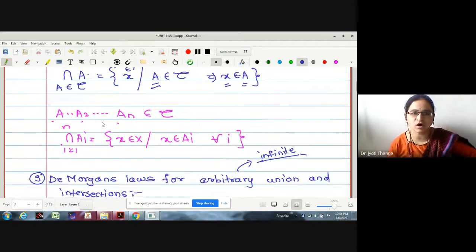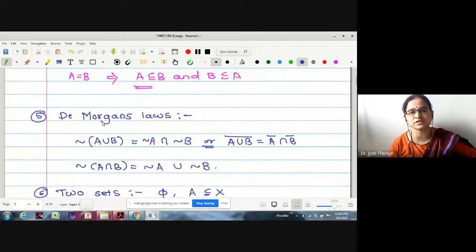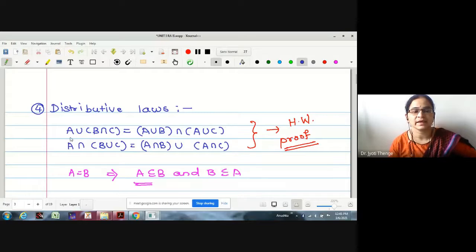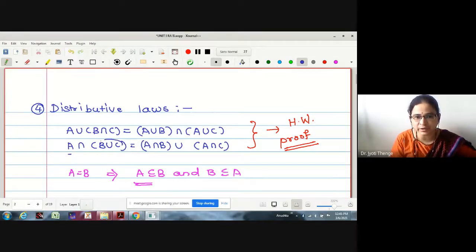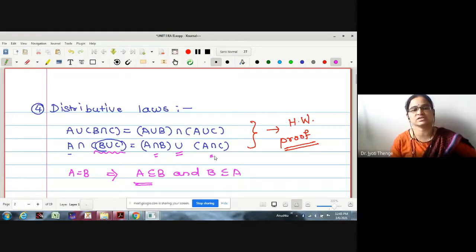Let us recall what the distributive law is in case of two sets. If we take A intersection with some union, then actually this is the union of the corresponding intersections of the set with the two elements.